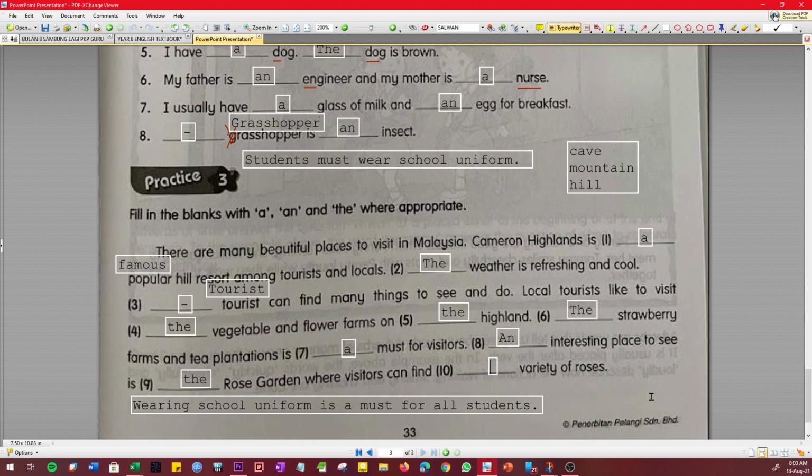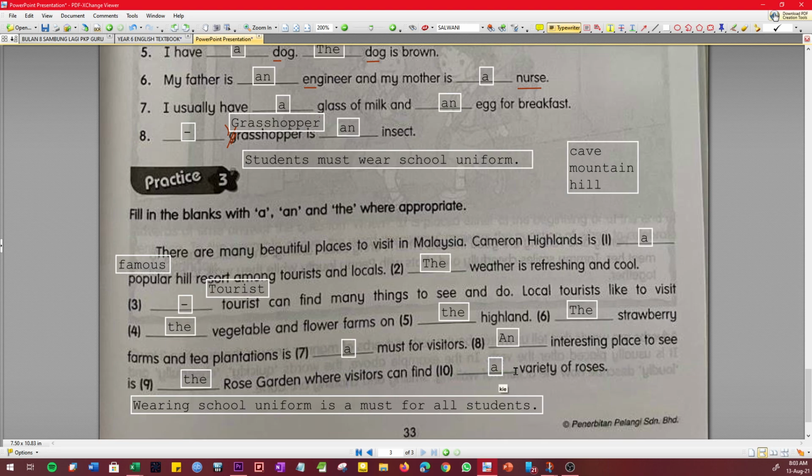This one. Oh. Okay. Saya translatekan. Satu tempat yang menarik untuk dilihat adalah Rose Garden, di mana pelawat boleh menjumpai, boleh jumpa pelbagai bunga ros.